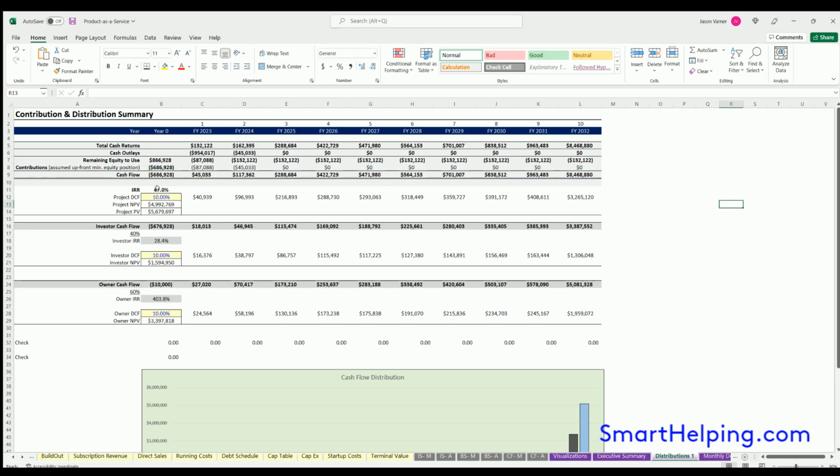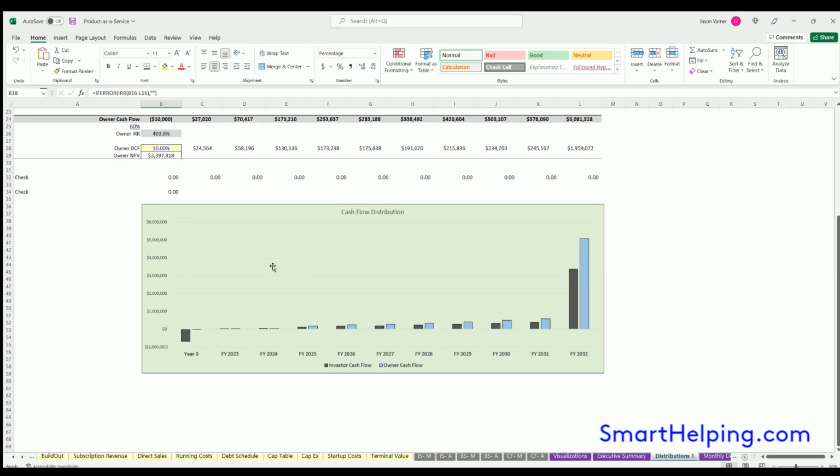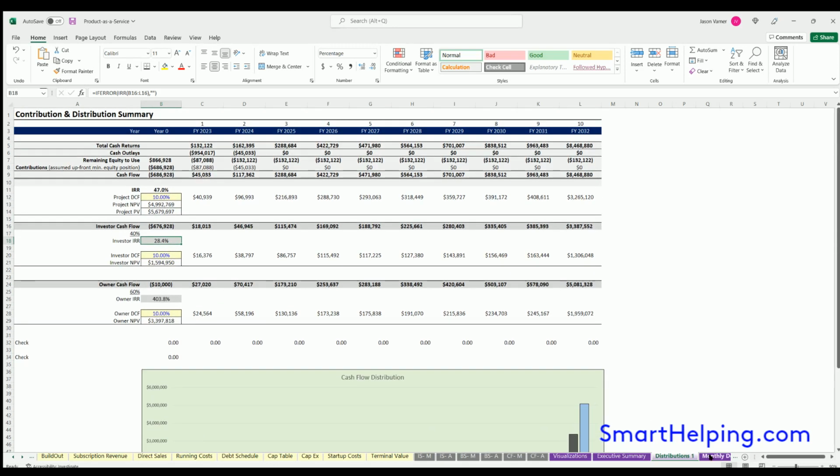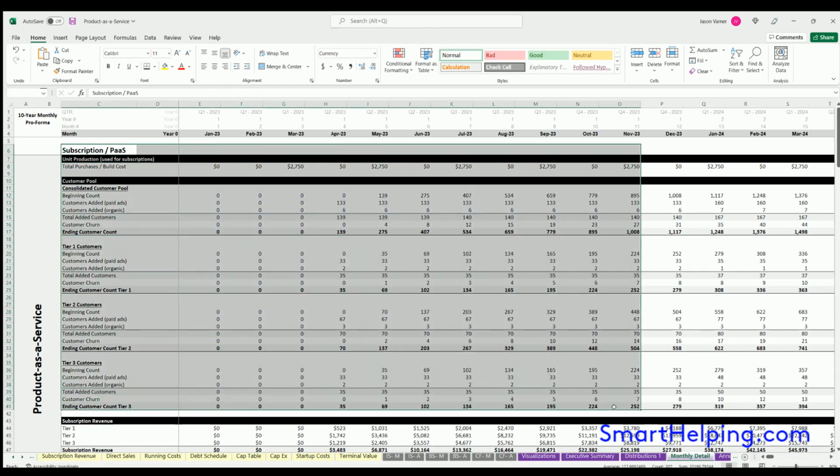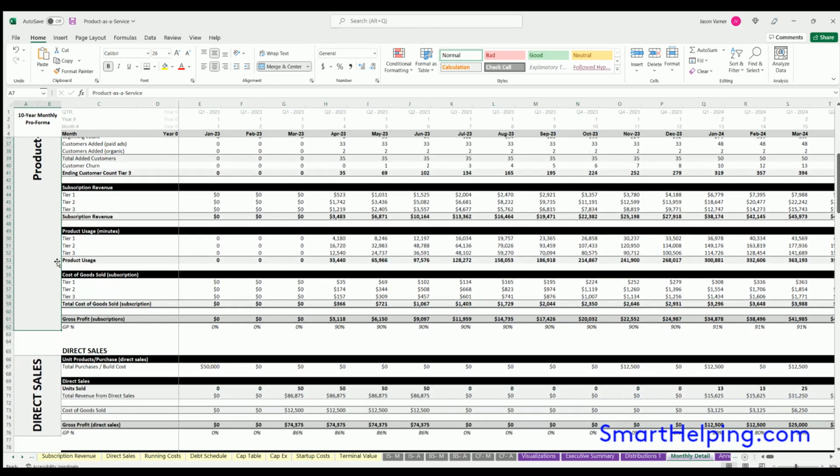All right, so IRR, you can define a discount rate on each of these sections, and then that'll get you to net present value of each for the project and investor and owner side. I've also got a visualization for cash flow. The monthly detail is going to show you I broke it into sections. You've got the PaaS portion up here, which is labeled on the left-hand side.